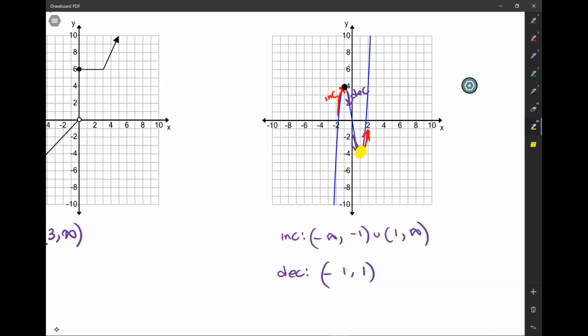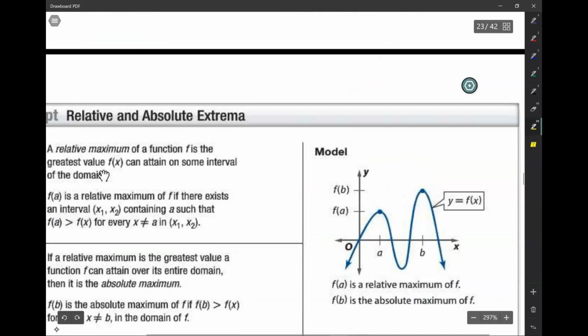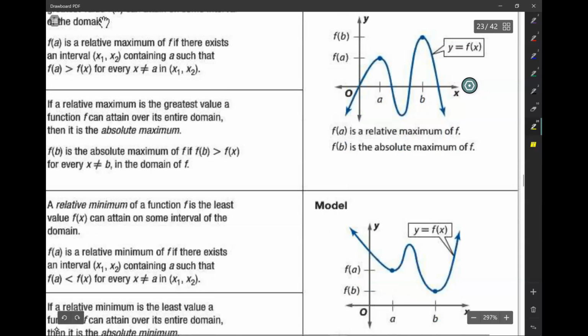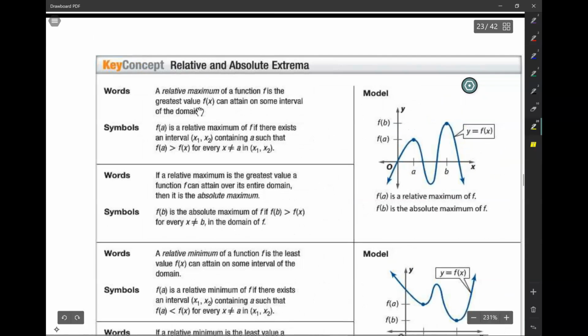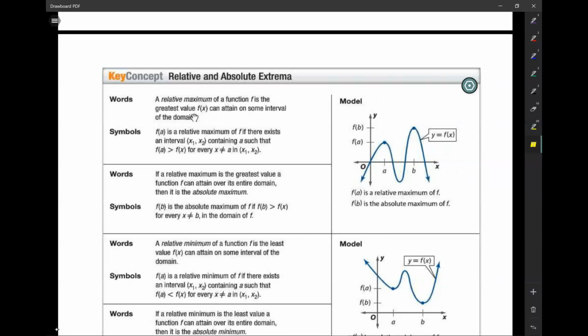We call points like that extrema, extreme points. So take a look here for a minute. We're going to talk about relative and absolute extrema. A relative maximum of a function is the greatest value that it can attain in a certain interval.